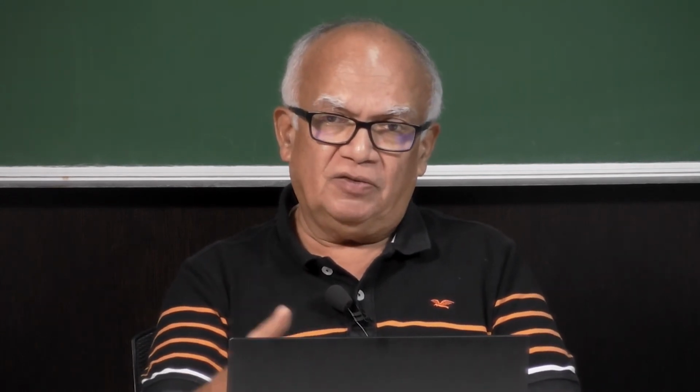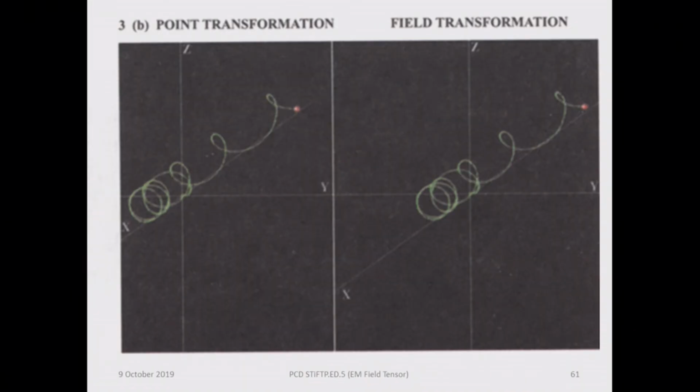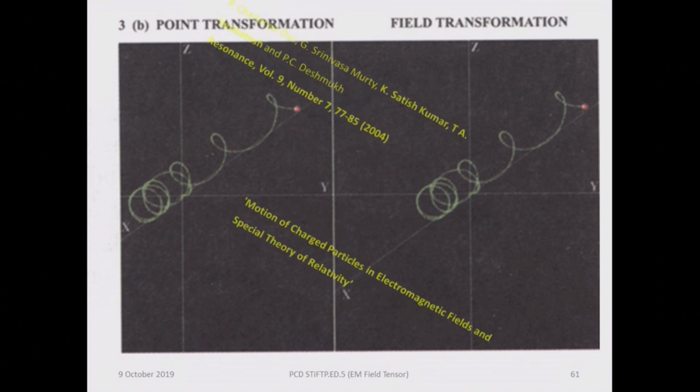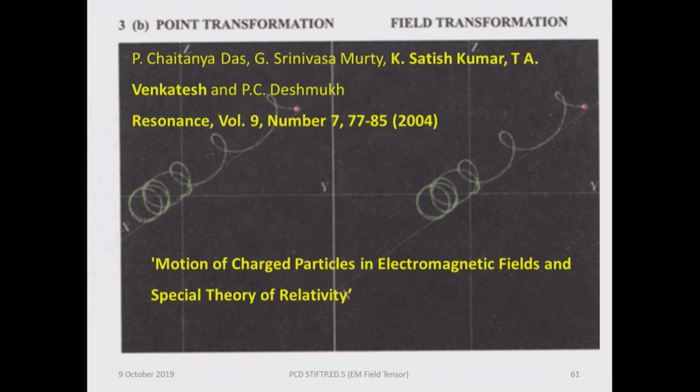So, you can choose this and orient the projections of the trajectories, because you can't see the whole trajectory on a 2-dimensional surface, but you can make these choices and convince yourself that the two trajectories are exactly identical, and that the point transformation and the field transformation will give you exactly the same solutions.